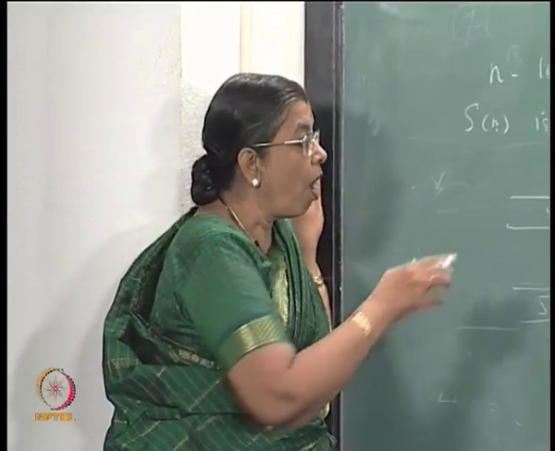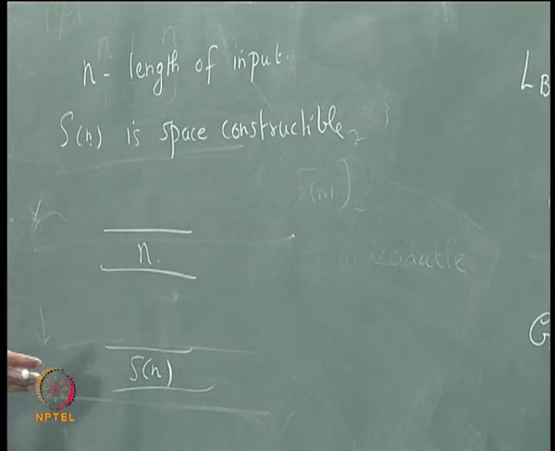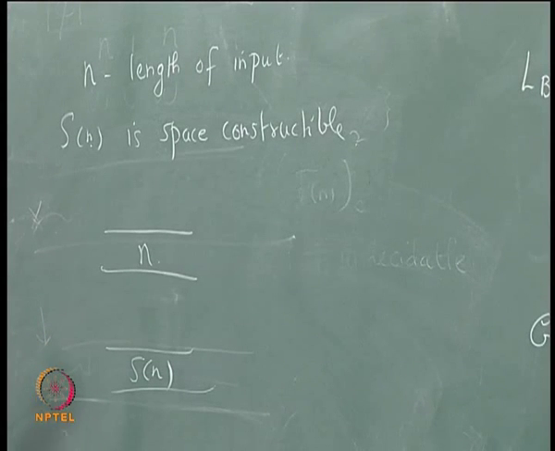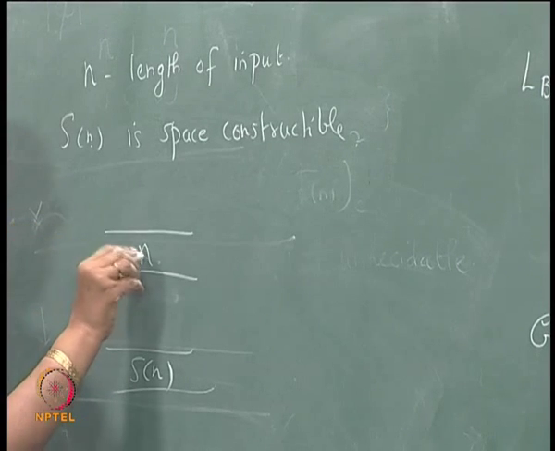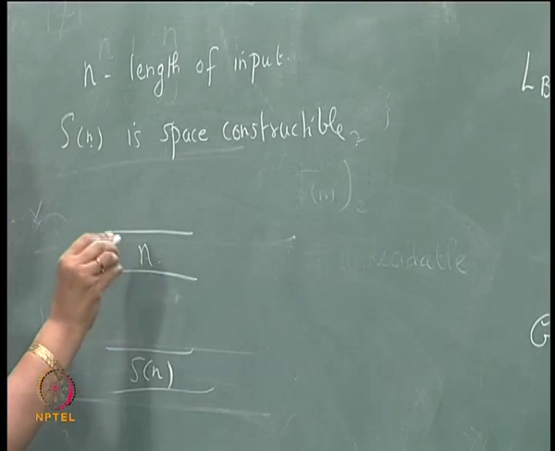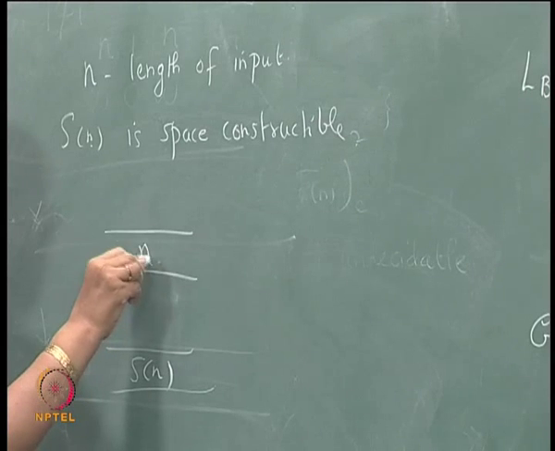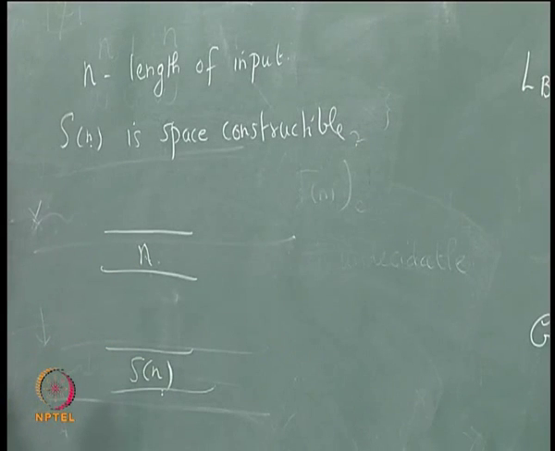Suppose for all inputs of length n it uses much less than S(n) space, then that S(n) is not space constructible. You follow? There should be one Turing machine which, for any n, has at least one input of length n for which the machine uses S(n) cells. Such a function is called space constructible.